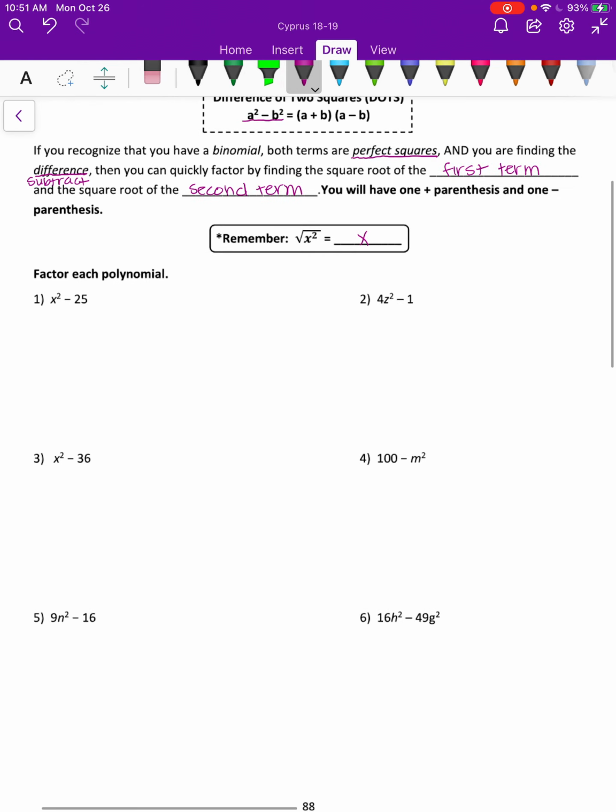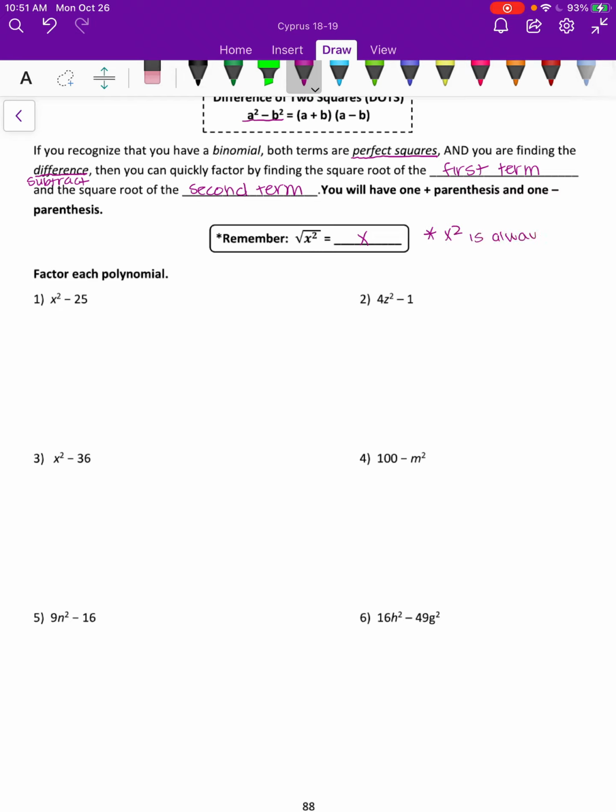Okay? So let's factor each of these polynomials. Number one, x squared minus 25. First check, is this a binomial? Yes. Are both terms perfect squares? Okay, x squared is always a perfect square. I'm going to actually write that down here.